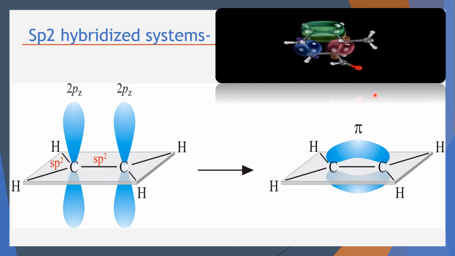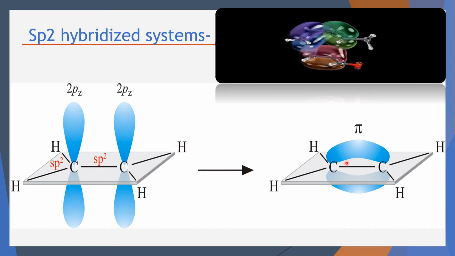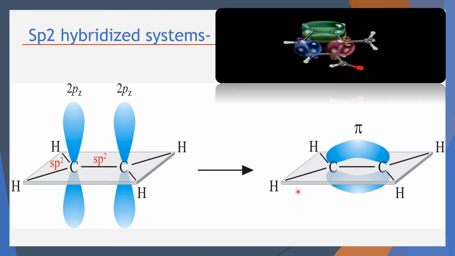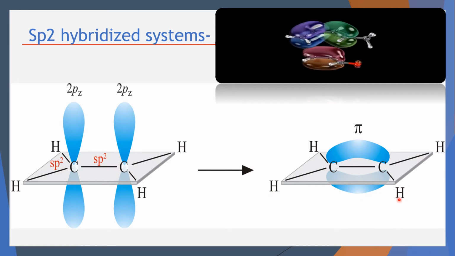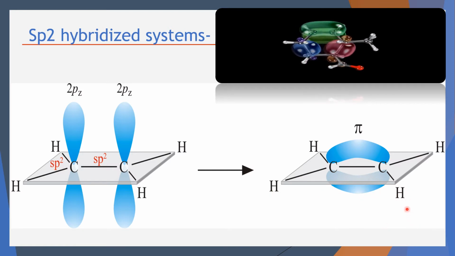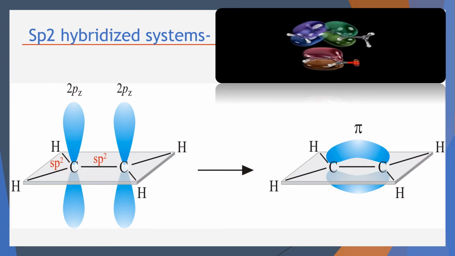This p orbital overlaps sideways to form a pi bond, and this is the pi electron density.